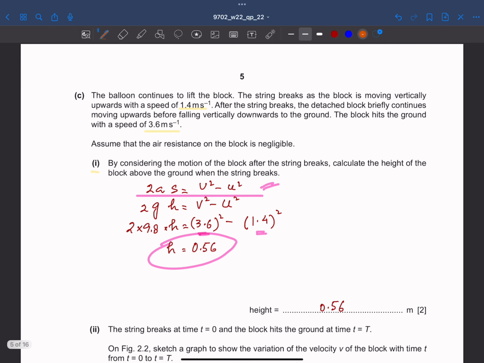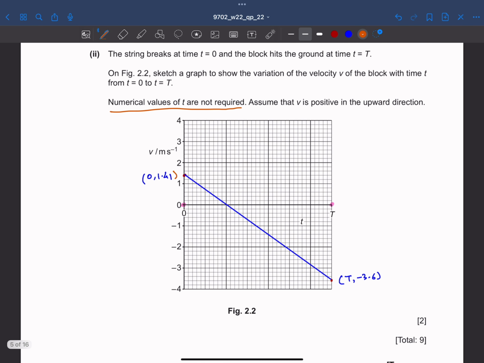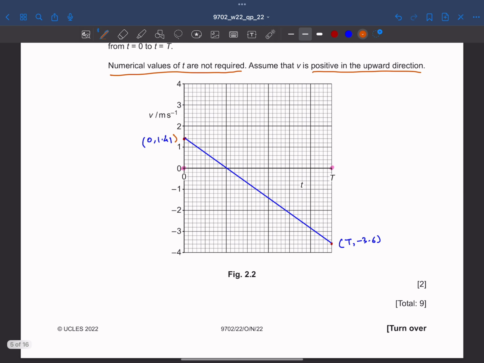So if 1.14 is the initial velocity which is upward, and as they have mentioned that this is the positive direction, you can take this point over here that at time t is equal to 0, this is your velocity v, and then when you reach capital T, the velocity is the final velocity which you take as negative, so this is negative 3.6.